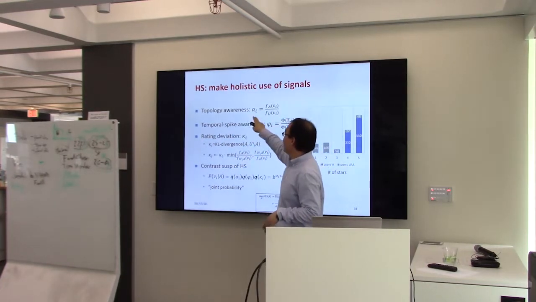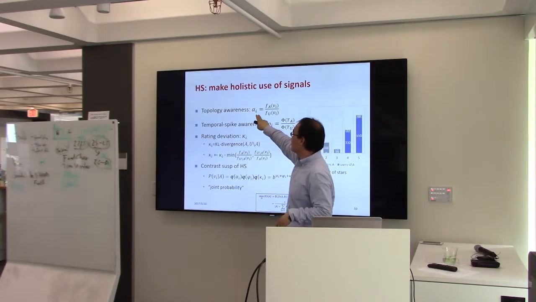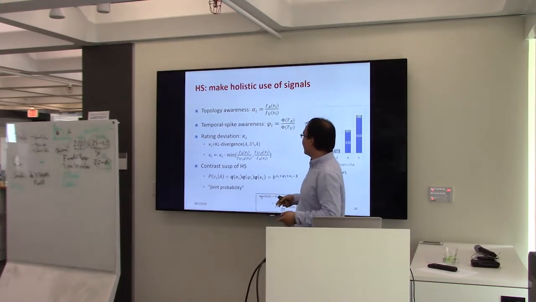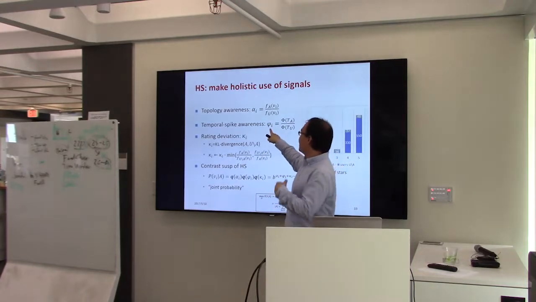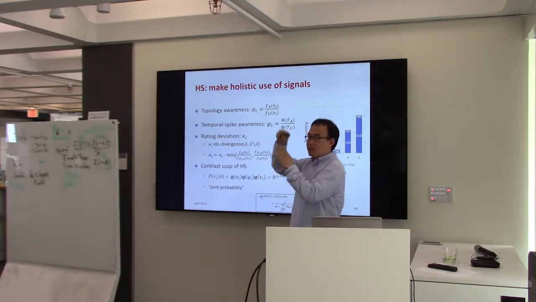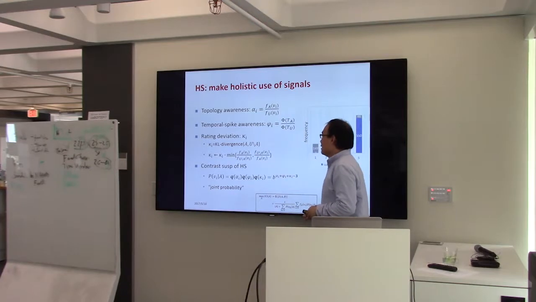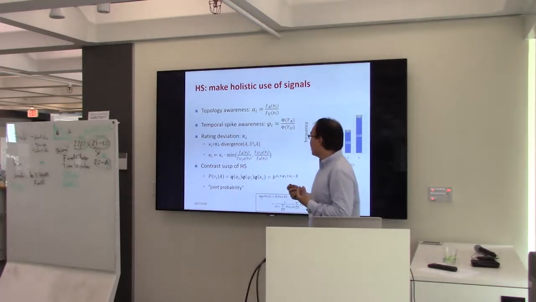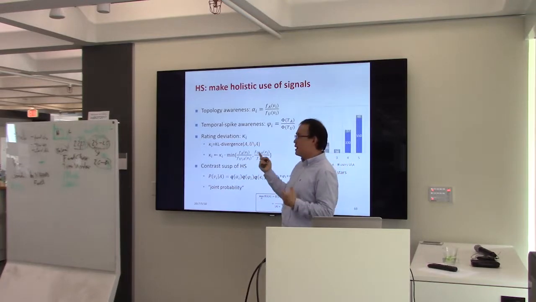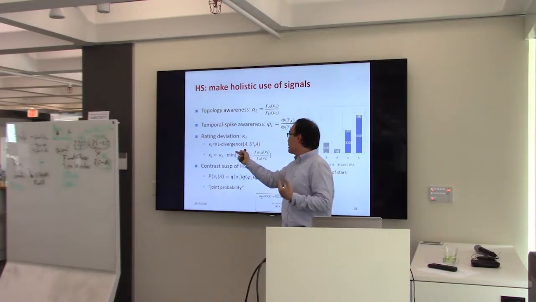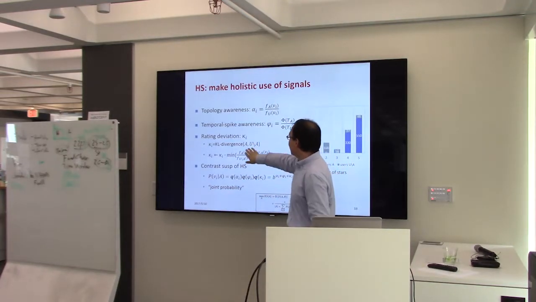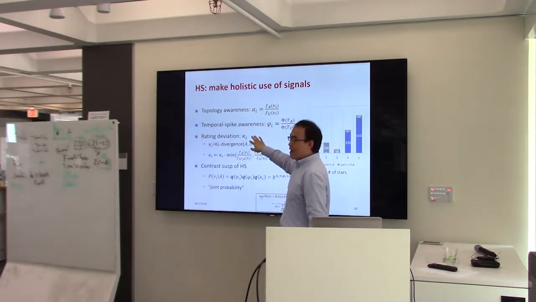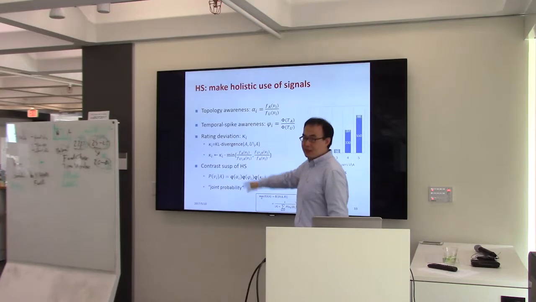First of all, we defined the topology awareness R phi in the very beginning slides. And we define phi i as the temporal spike signature. In the third way, we define the rating deviation, chi i, which is the KL divergence between the edges from A and the edges from U minus A.